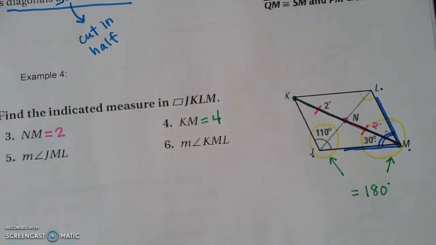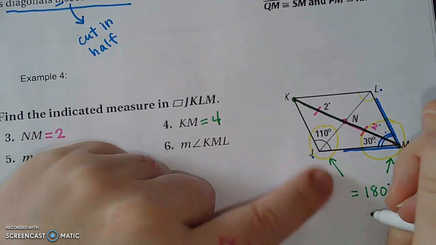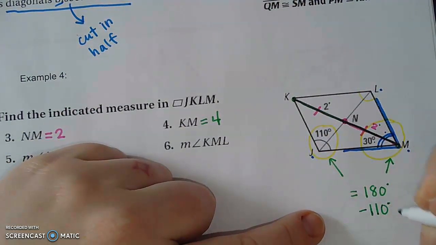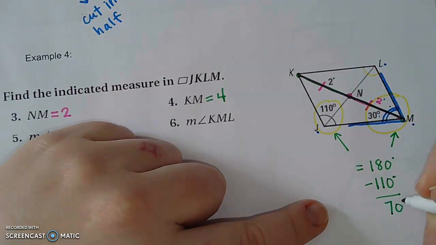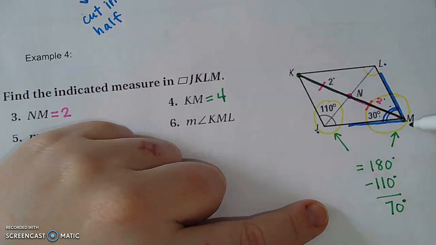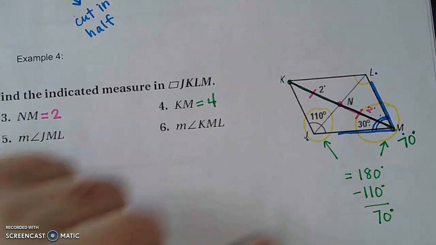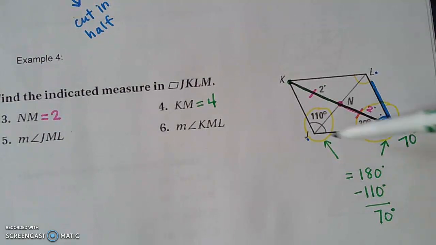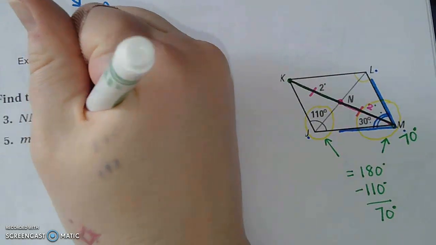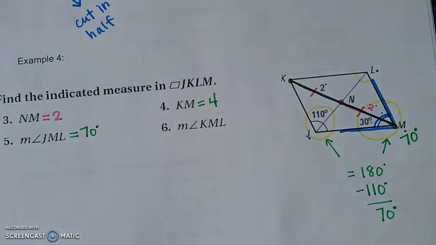So perhaps a good first step would be to take this 110 and subtract it from 180. That's going to give me 70 degrees. So I know JML, this blue angle in the corner, the whole thing needs to be 70 degrees, because if this is 110 and this is 70, when I add them together, they will equal 180. All right, so JML, we figured it out. It is 70 degrees. And then finally, our last one is KML.